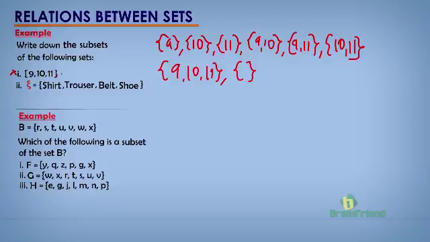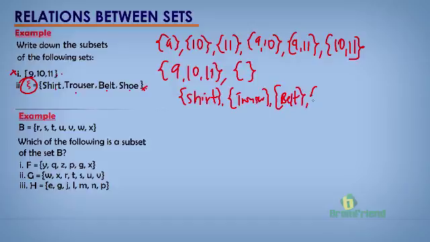Let's take a look again at our second occasion here. If we have a universal set that has elements shirt, trouser, belt, and shoes, we would have singly the sets of shirt, the set of trouser, the set of belt, the set of shoe.